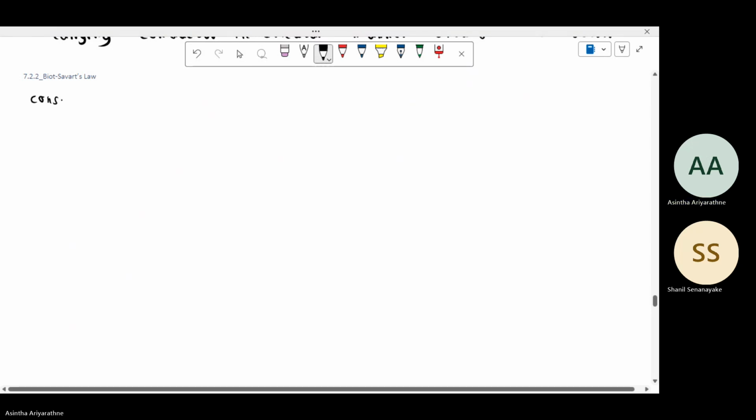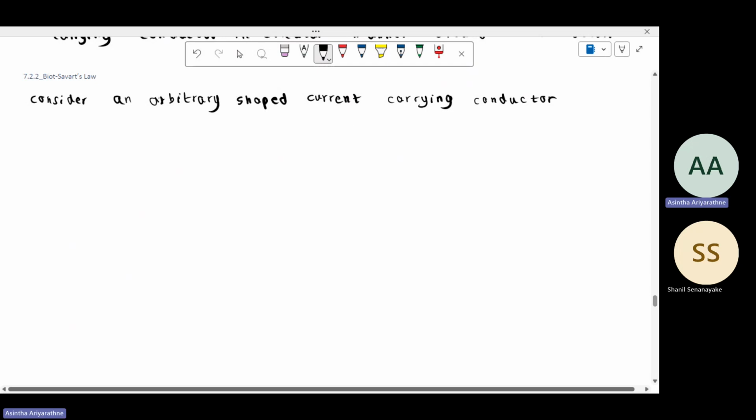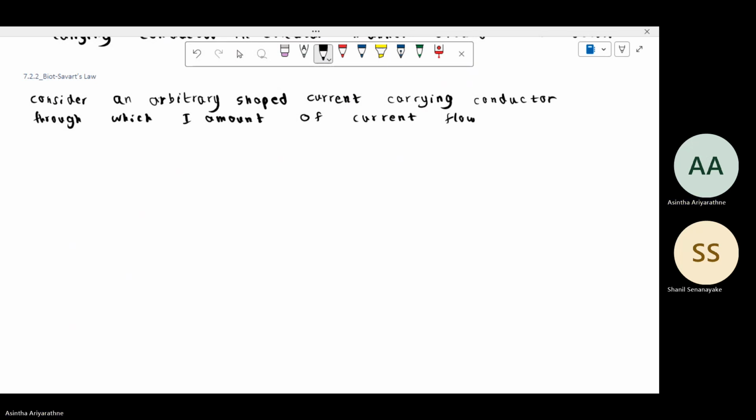Right, so consider an arbitrary shaped current carrying conductor through which I amount of current flows.